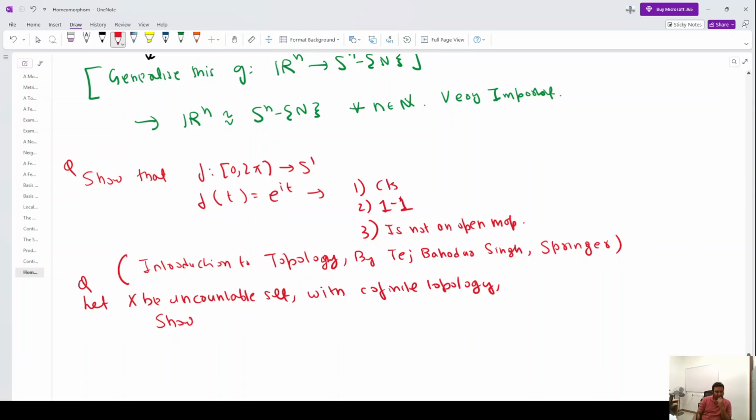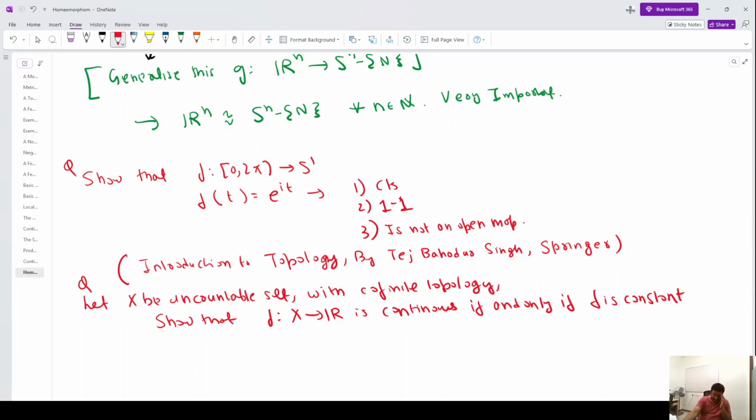Show that f from X to R is continuous if and only if f is constant. So one way is obvious, very easy. If f is constant, you have to show that it is continuous, but the other direction you have to think about.